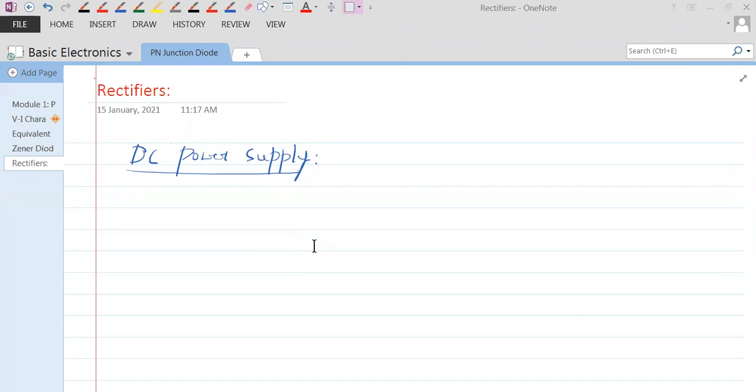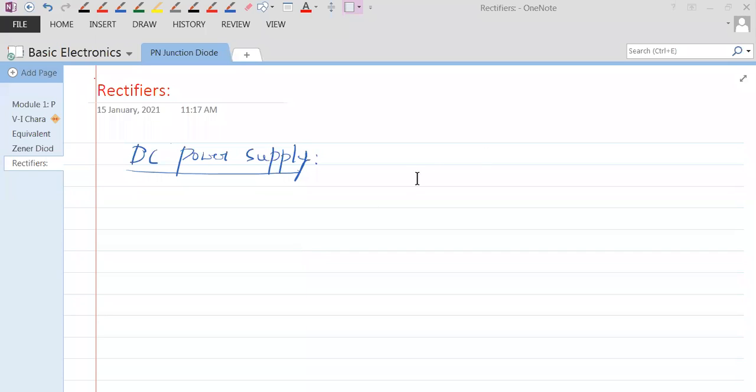So what for those power supplies are used? They are used to charge the battery. For example, your laptops or the smartphones that you are using for online classes, they need to be charged because they are operated with the batteries. Okay, so that's DC supply.